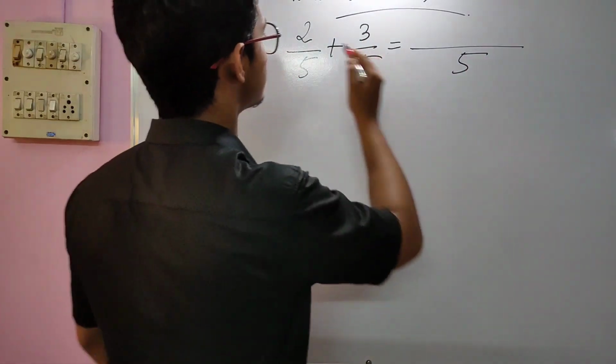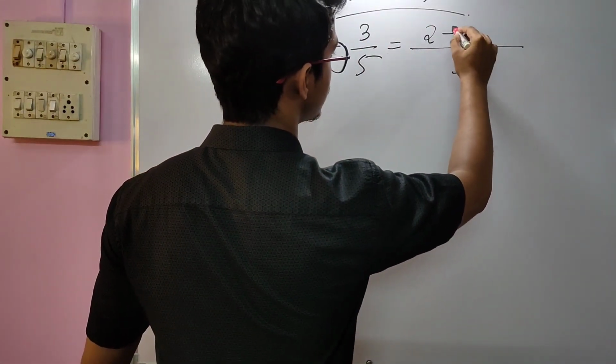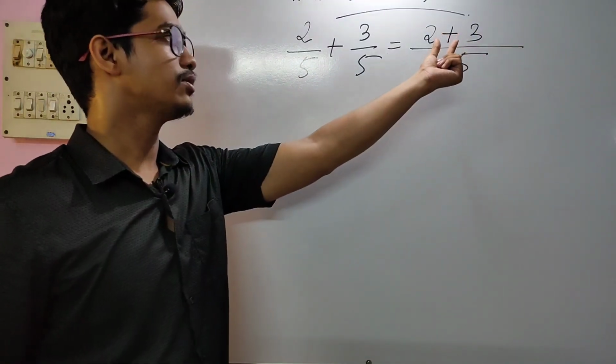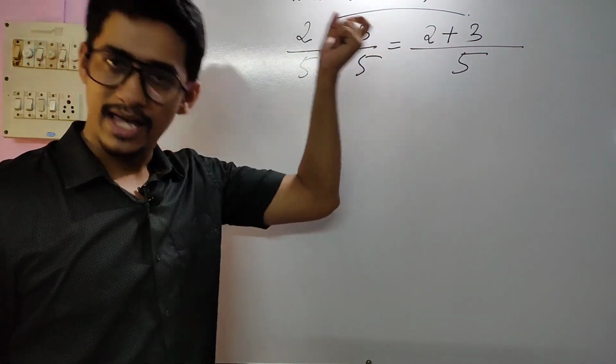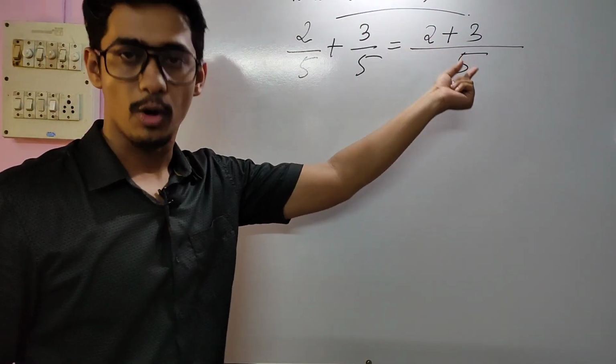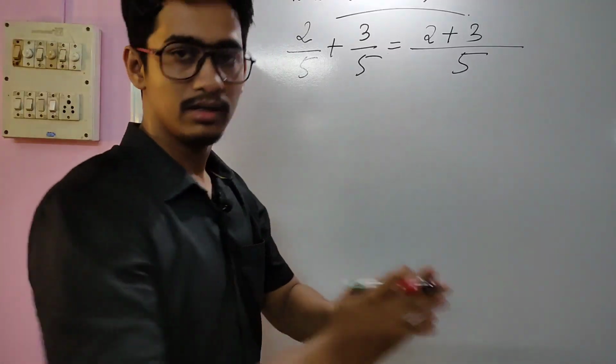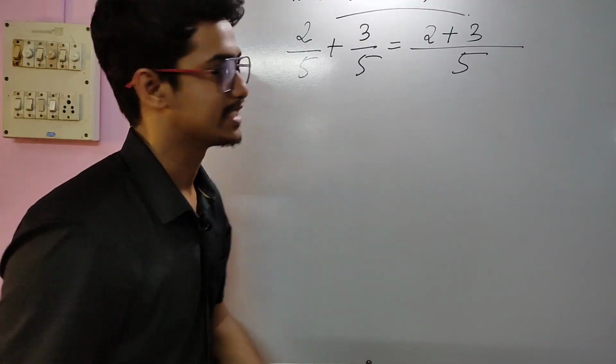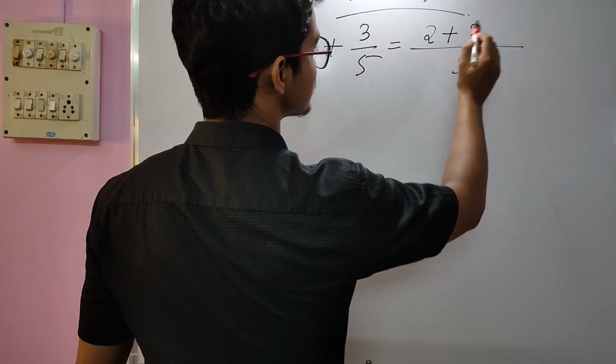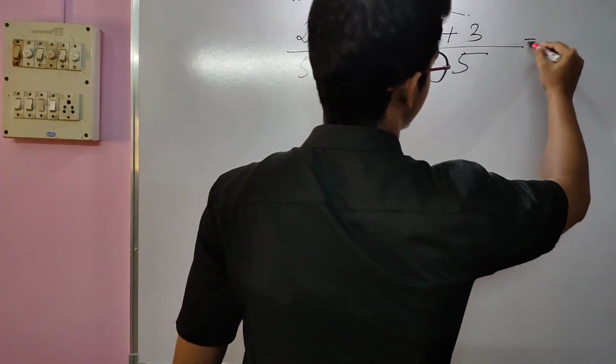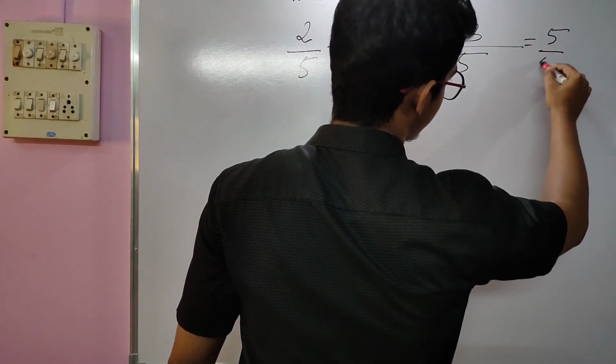And we just simply operate the numerators, whatever may be the operator given, and simply find out the result. So here 2 plus 3 is there, and the denominator is 5 by 5.